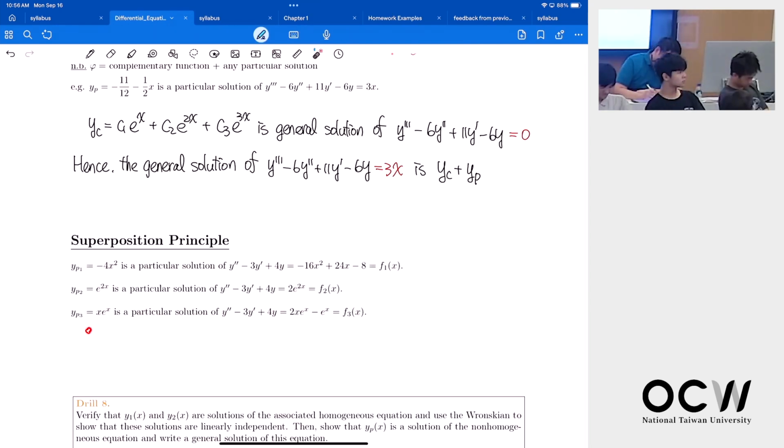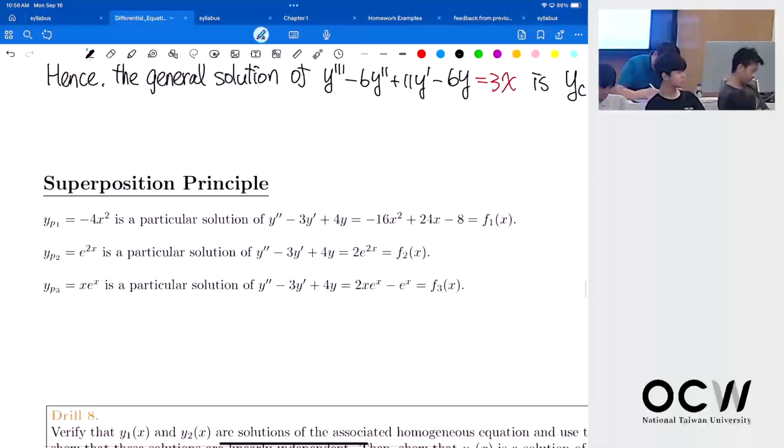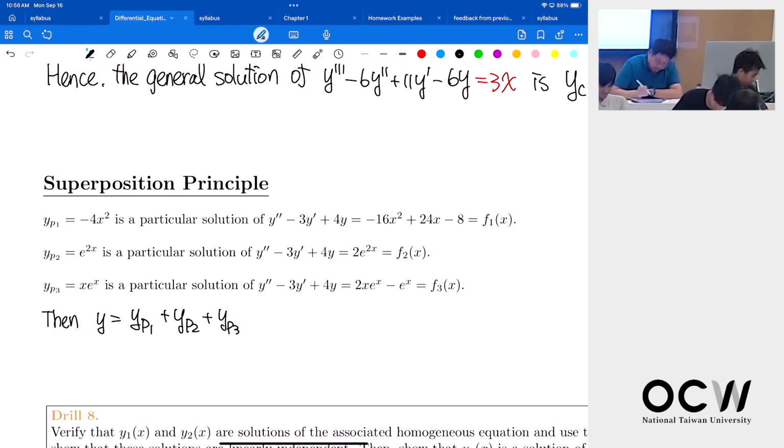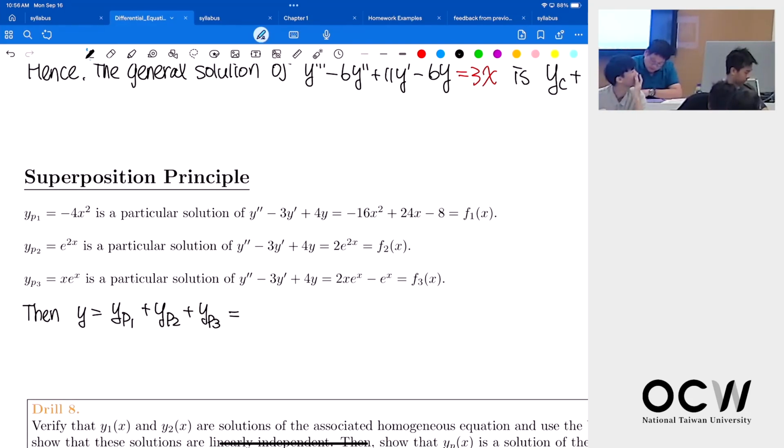Then I will say, if I collect all the particular solutions together, this will be a solution. Okay, this should be what?